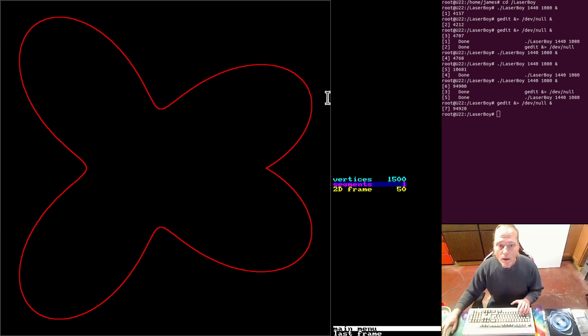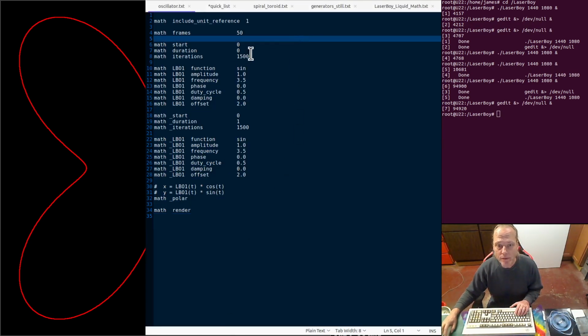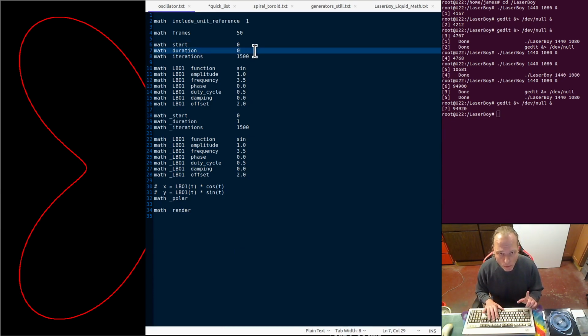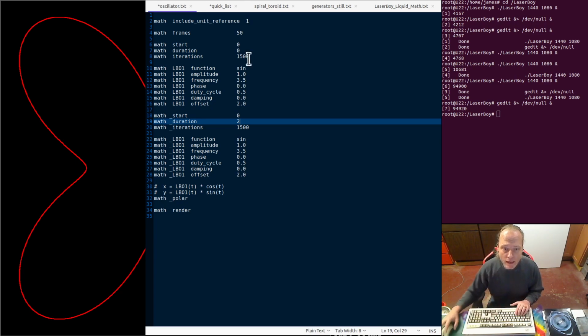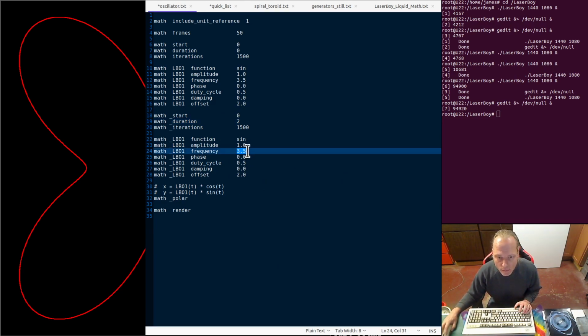If you think about it this way, 2 halves makes a whole. So if we want to see the whole figure as a closed loop back onto itself, it requires 2 full cycles around the unit circle, because then it would make a frequency of 3.5 laid on top of another frequency of 3.5.